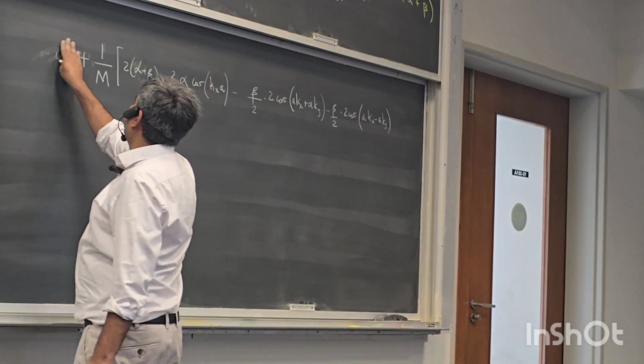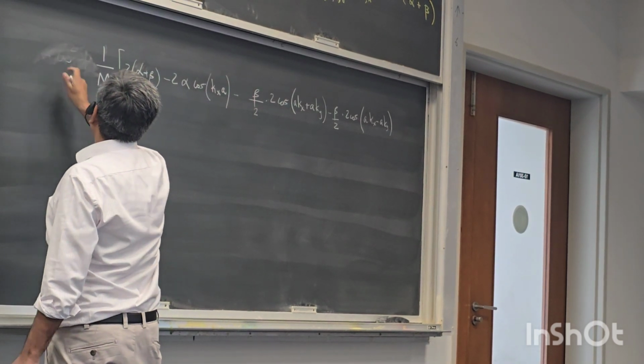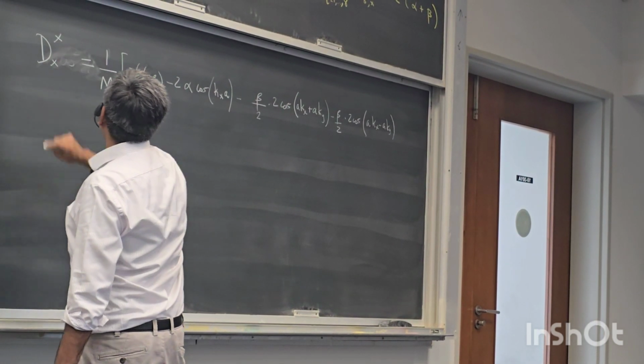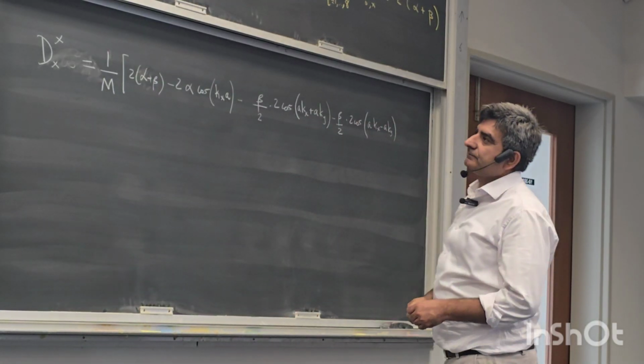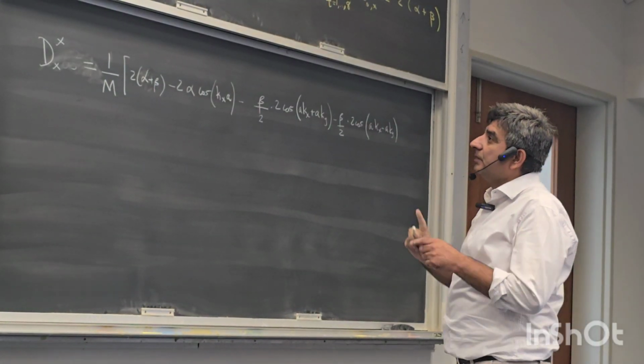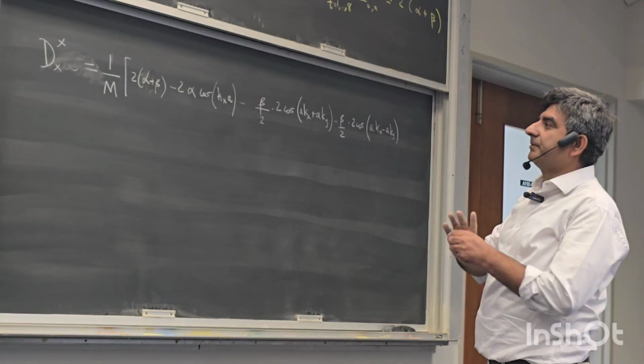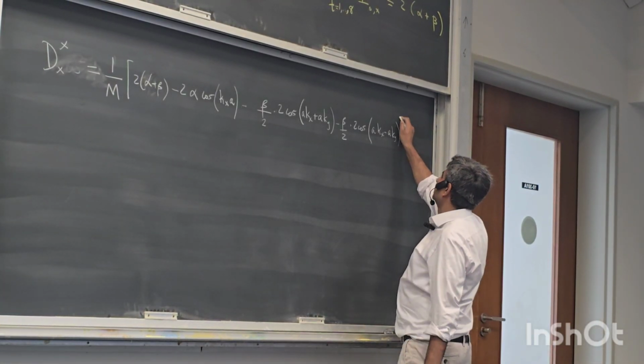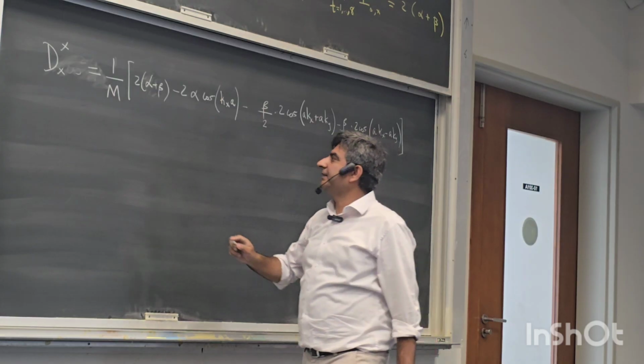So this, by the way, if I remove this minus omega square, this is dxx plus... am I missing something? No, that's fine. This is my dxx. And I can simplify this.